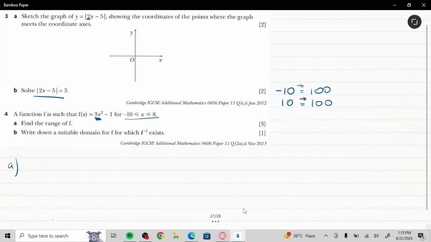So we need to find what is the value that will give us the lowest value out of this x squared? And that value is obviously 0, because negative values can't affect this x squared.